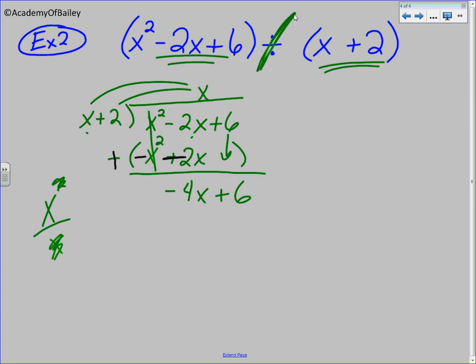Okay, so now we look, we have x going into negative 4x how many times? Negative 4x divided by x cancels and cancels, leaving us with negative 4. And now multiply. Negative 4 times x, and negative 4 times positive 2.